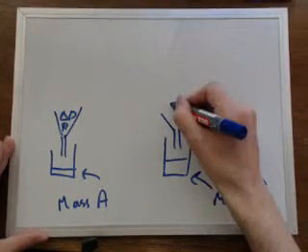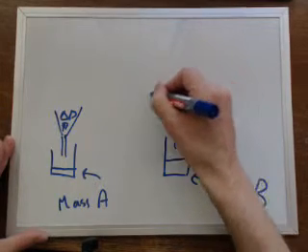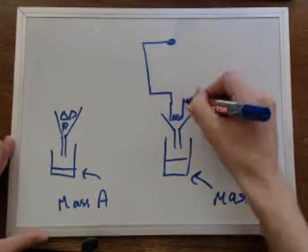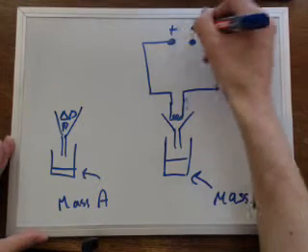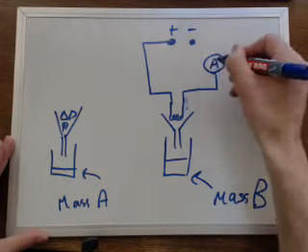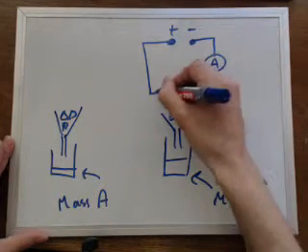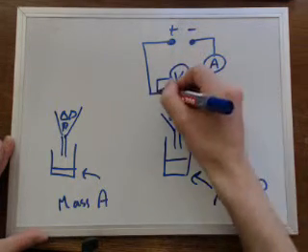Let's try again. Wire with coils, our heater, and our heater will be connected to a power supply, positive, negative. In here we will have an ammeter to measure the current, and across the heater we will have a voltmeter.